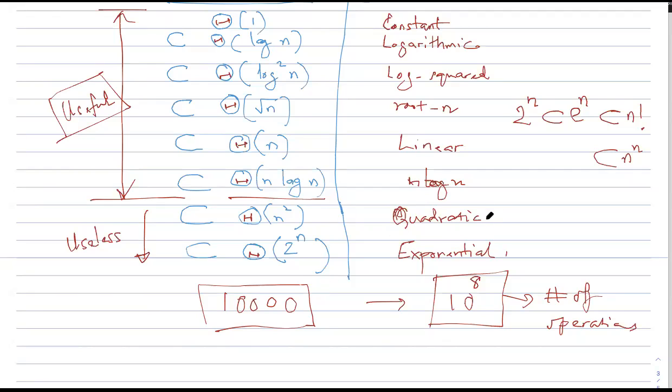Now, one may justify the quadratic algorithm by saying that in practice, my n is typically less than 100. The specific application is such that the value of n is always less than 100, in which case it's fine with the quadratic algorithm.